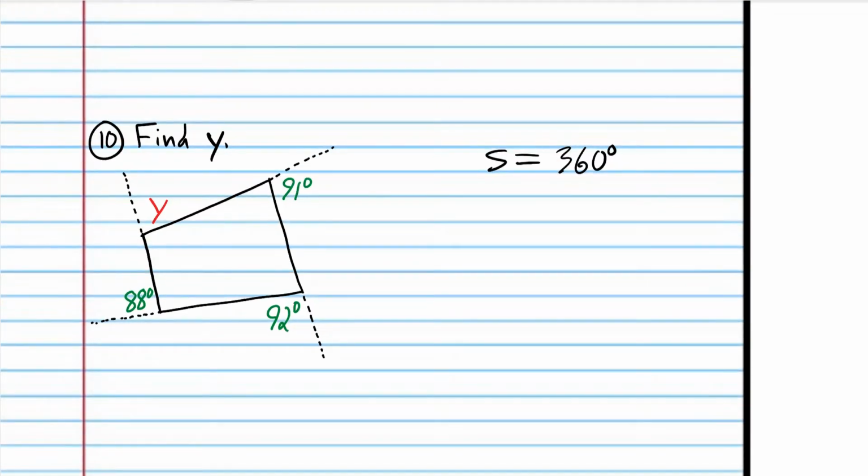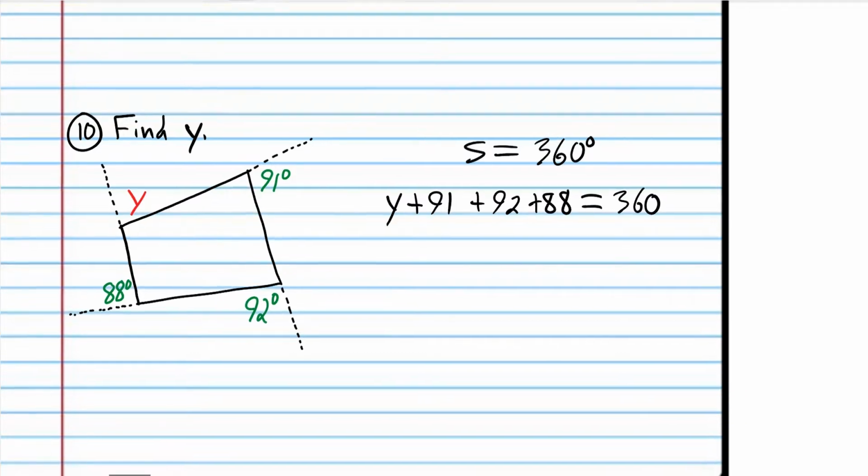So let's add up these angles. We have y, the red y, that's one angle. We have 91 and 92. You don't have to write the degree symbols yet. And 88, they must add up to 360.